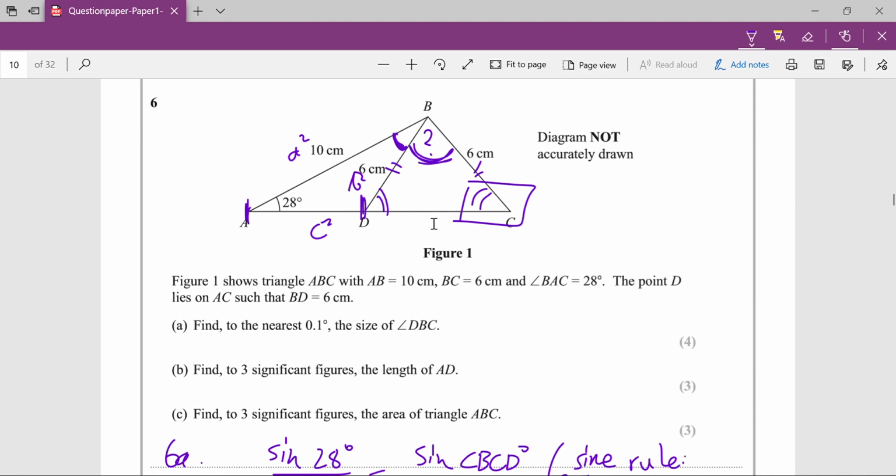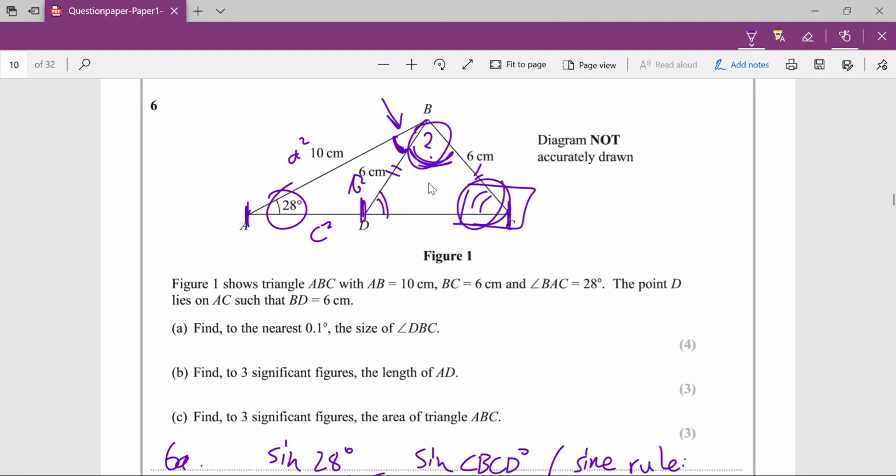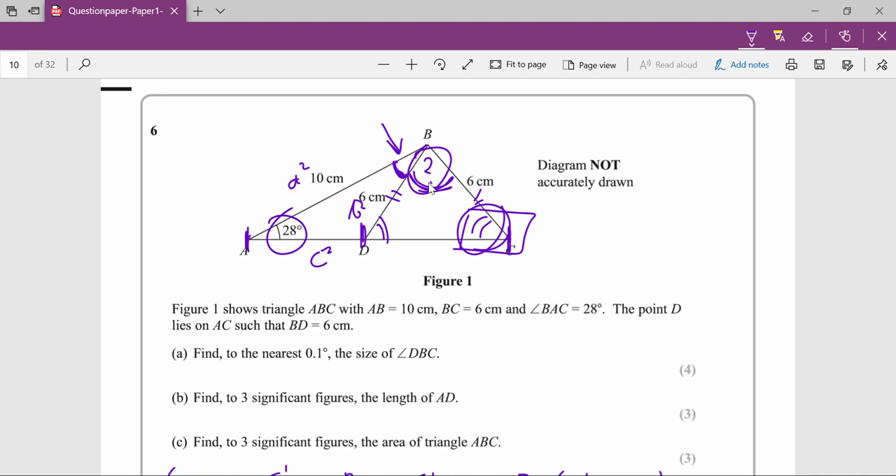So there will be two side lengths which are possible if we try and evaluate it this way, which means that there likely isn't going to be a direct single step to finding this side. So what I'm going to do here is just try and find this angle, which will be 180 minus 28 minus whatever this angle was, minus this angle, 77.0, or in our case on our calculator, 77.02, to find this angle here.